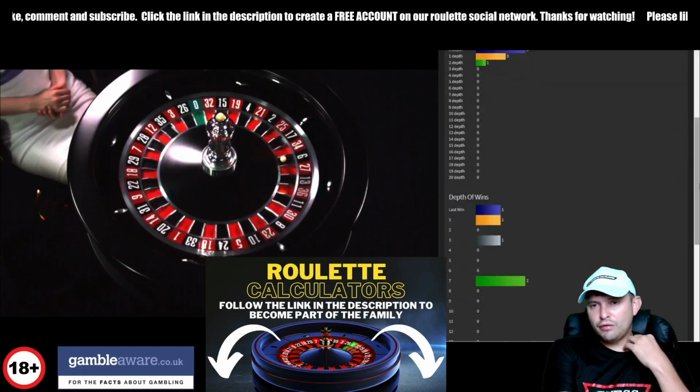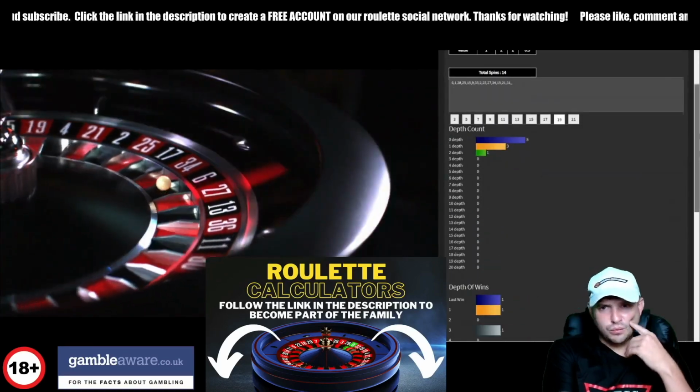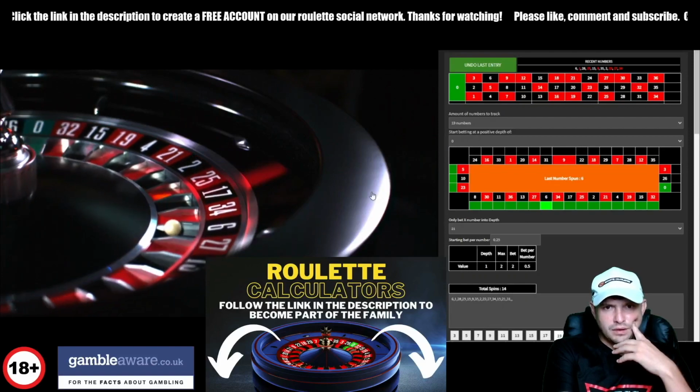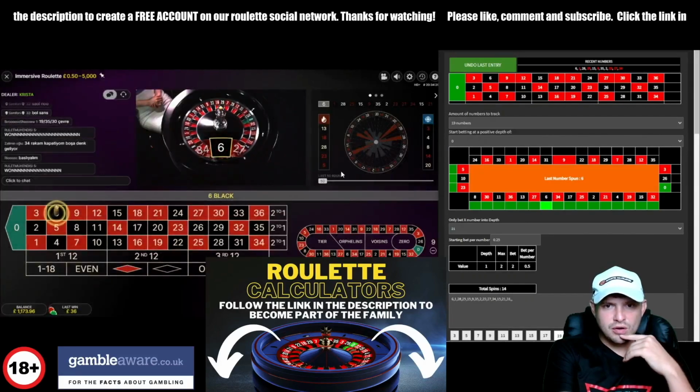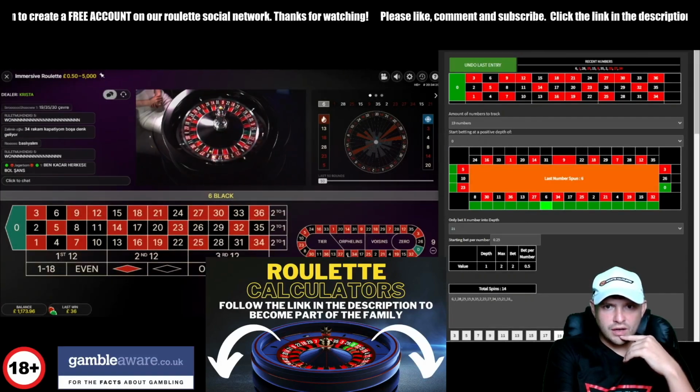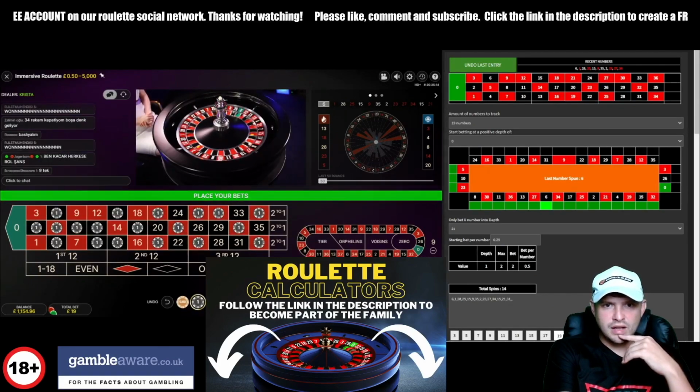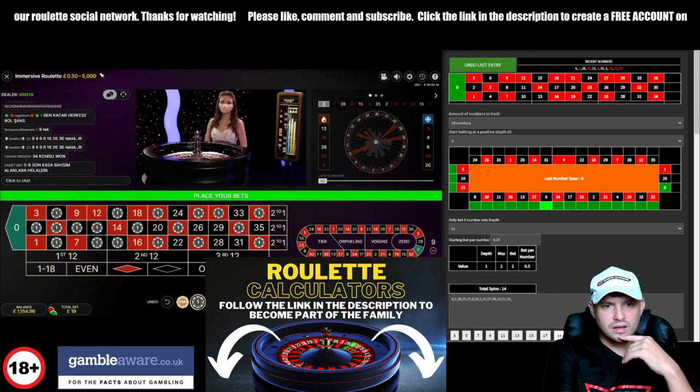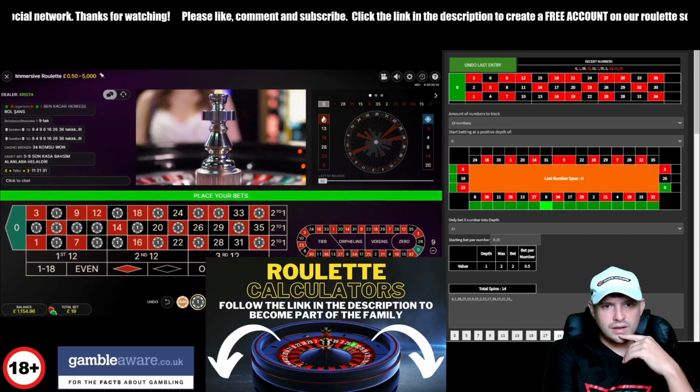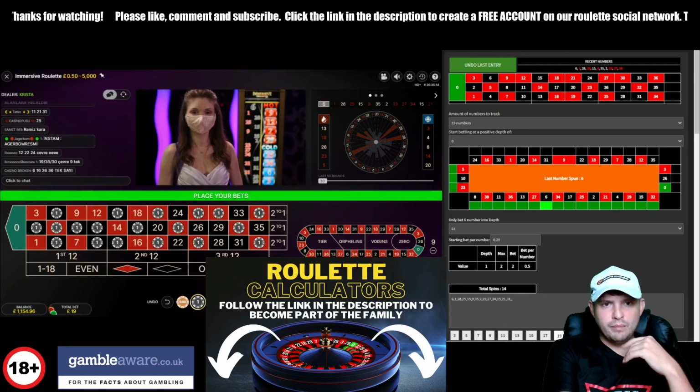Okay, so that's gone to a depth of 1 again. So looking at that trend, 1, 0, 1, 1. I'm guessing Sam's going to put that neighbour's bet on number 6, covering number 6, 9 to the left, 9 to the right. Let's see if he can make a bit more wedge.